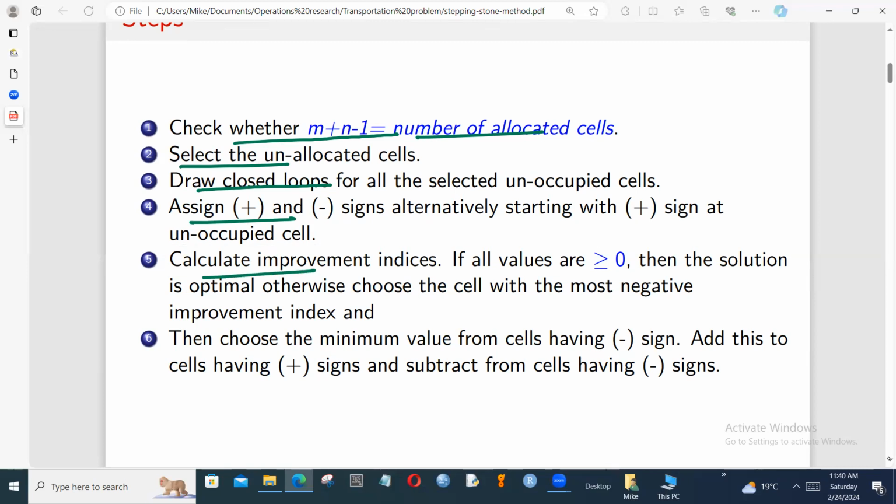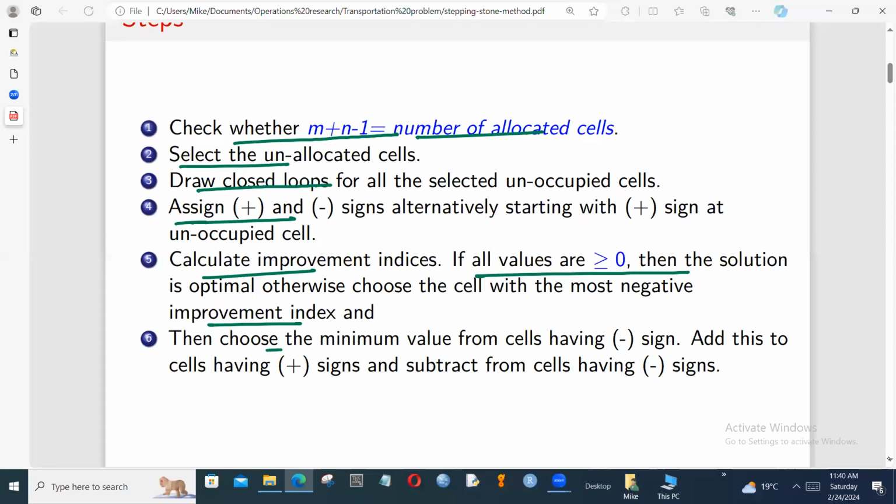Then we calculate the improvement indices. We are going to see how to calculate the improvement indices once you have run the loops and assigned those alternating signs. Then comes the test for optimality: if all the values of improvement indices are positive or zero, then the solution is optimal. Otherwise, we choose the cell with the most negative improvement index.